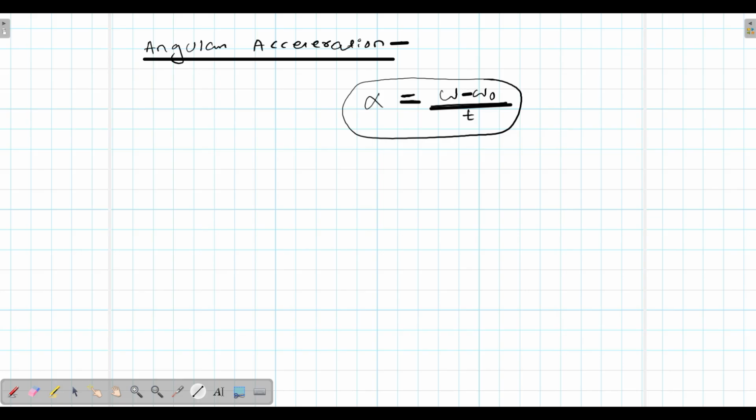That is angular acceleration. So rate of change of angular velocity with respect to time, that is angular acceleration.